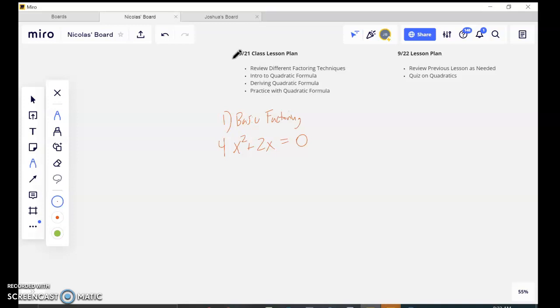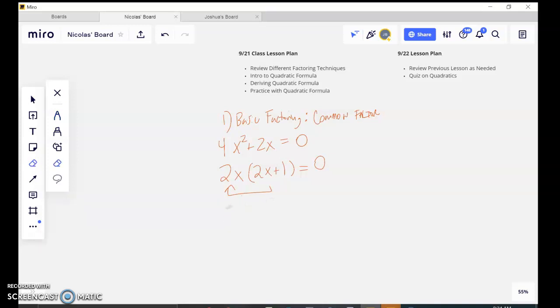Looking at this, you can immediately factor out a 2 and an x, so it's 2x times (2x plus 1) equals 0. You just take out a common factor. That's the most basic factoring technique, so we can call this common factor factoring. And then from there, either this is 0 or this is 0.